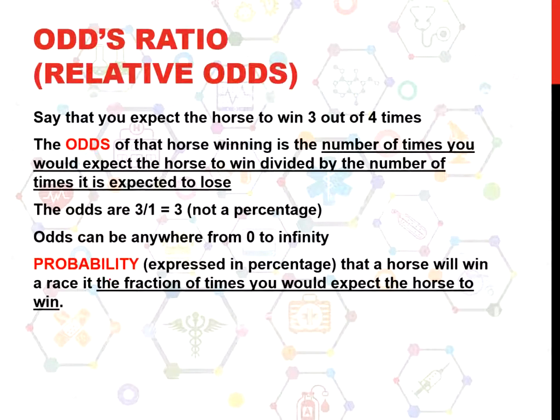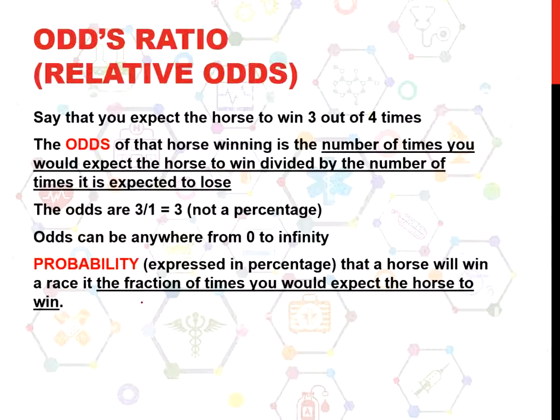Okay, next. Probability. So, probability is expressed in percentage. So, ibig sabihin, percentage yung ating ginagamit or yung ating unit. Paano naman ito nakukuha? So, the horse will win a race in the fraction of time you would expect the horse to win.